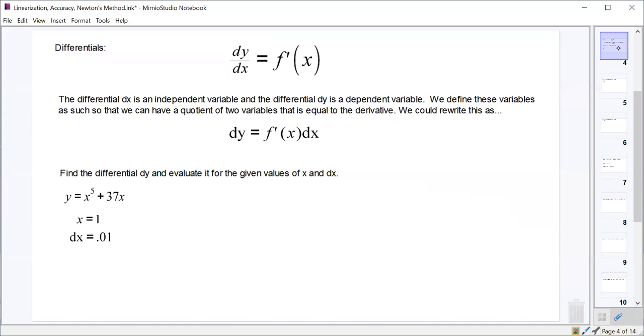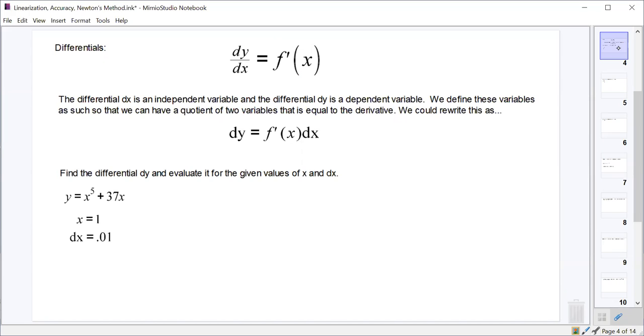All right. We can extend this idea not just to simple functions like sine and cosine or square roots or cube roots, but we can do this basically with any function. And we call these differentials when we do it with just regular old functions in general. We take the dy dx, which we know is the derivative, f prime, and we split the variables of it.